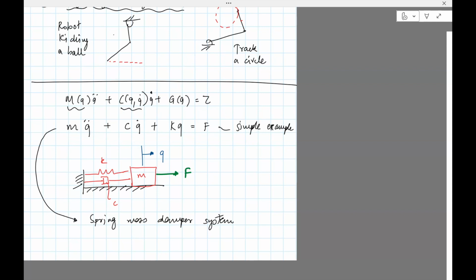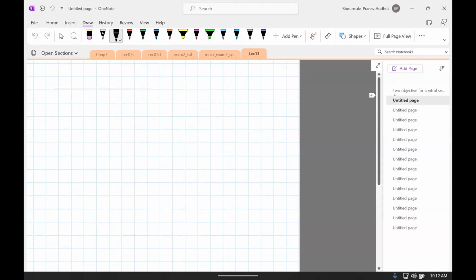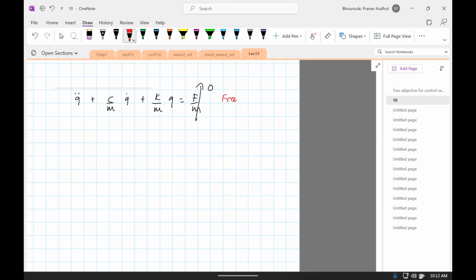Let's take this equation and divide the whole thing by m. So I have q double dot plus c divided by m q dot plus k divided by m q equals f divided by m. For this example, let's look at the case where there is no force, so what we're looking at is free vibrations.